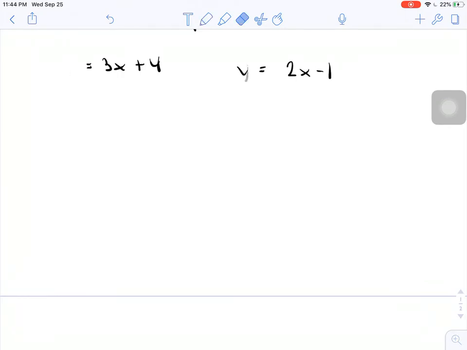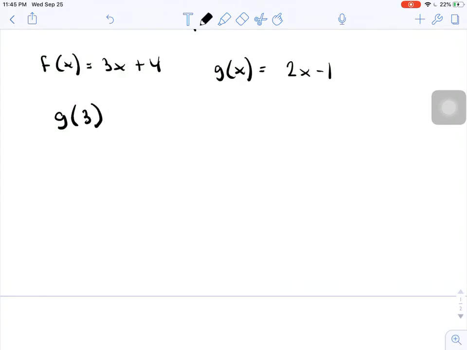So I can change these y's into function notation, and call this function f. And I can give this other one a different name. I'll call it function g. So now that these have names, you can very specifically reference those names. So maybe if somebody gave you something like g of 3.